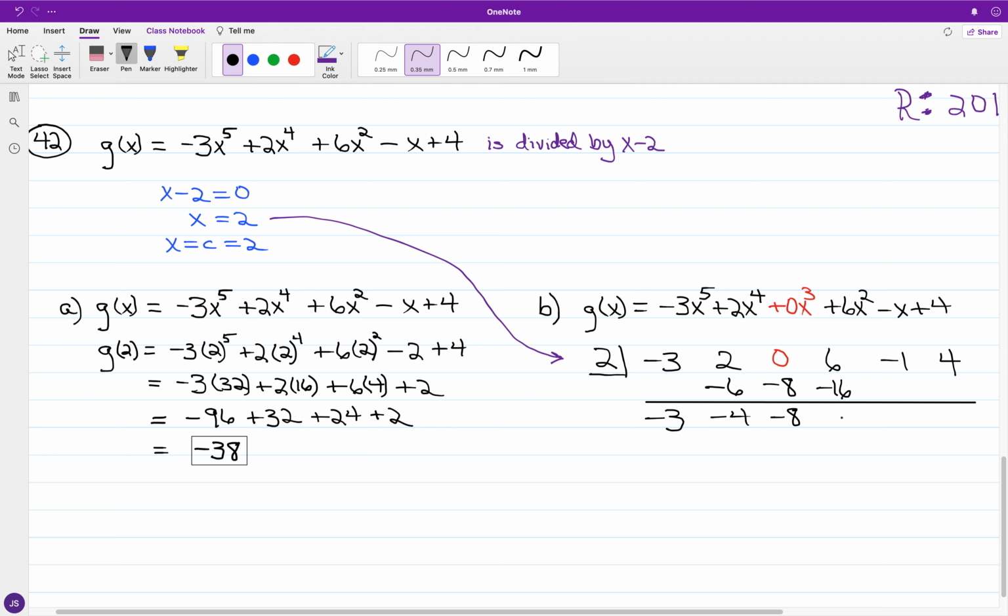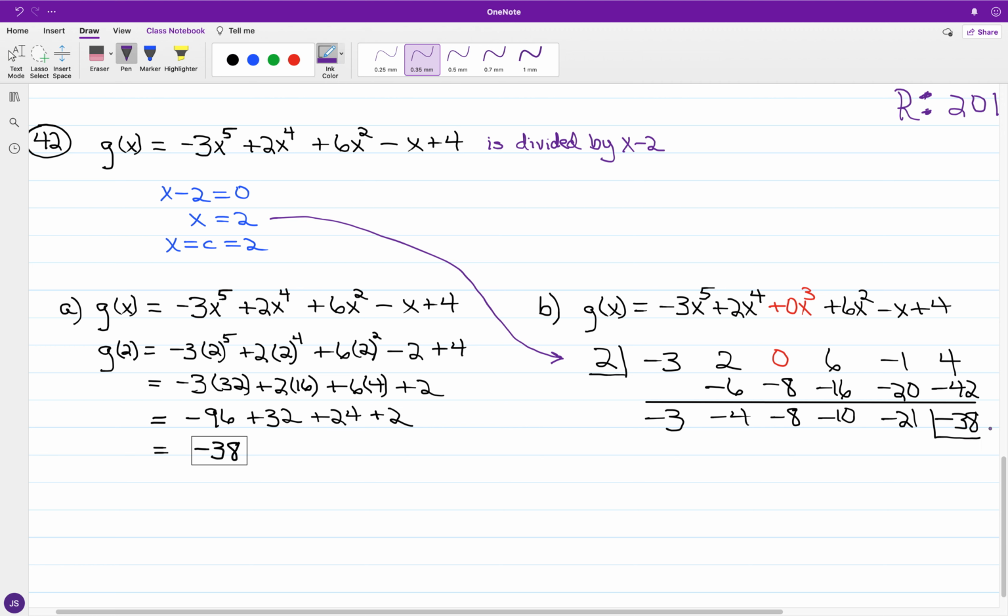And 6 plus negative 16 is negative 10. 2 times negative 10 is negative 20. 1 plus negative 20 is negative 21. And 2 times negative 21 is negative 42. And 4 plus negative 42 is negative 38.